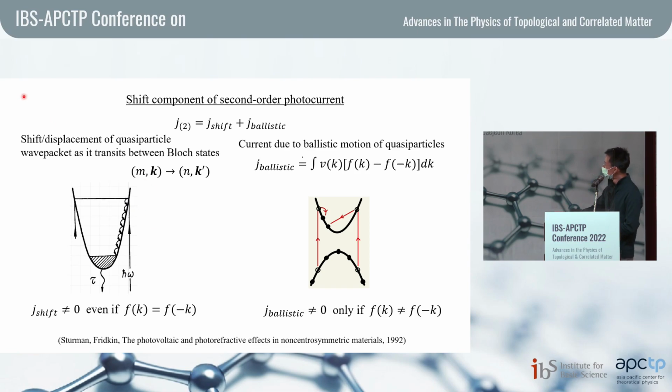I should add that even though the initial excitation could preserve the fact that f(k) is even in k, it is the subsequent scattering in a non-centrosymmetric medium that results in f(k) not equaling f(-k). One difference between the shift current and the ballistic current is that the shift current can be non-zero even if f(k) equals f(-k).